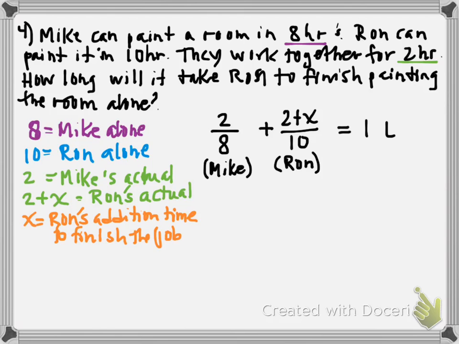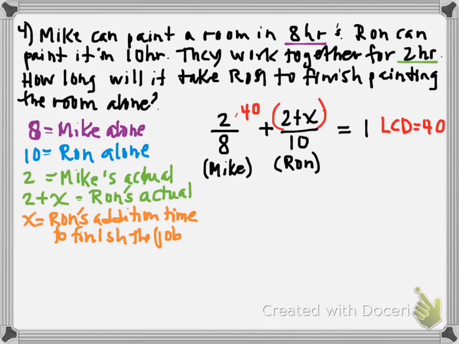Okay? So we've got to figure out the LCD. Oh, sorry, change my colors here. Of 8 and 10, and it's going to be 40. So we're going to multiply everything by 40.